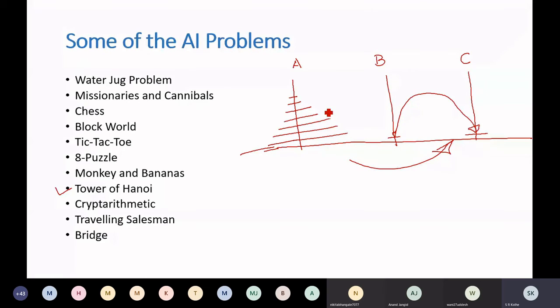Then I will move this disc onto pole B. In this way, the condition that always has to be satisfied is that the smaller disc will be on the larger disc, and your job is to move all the discs from pole A to pole C. This is called the Tower of Hanoi problem.